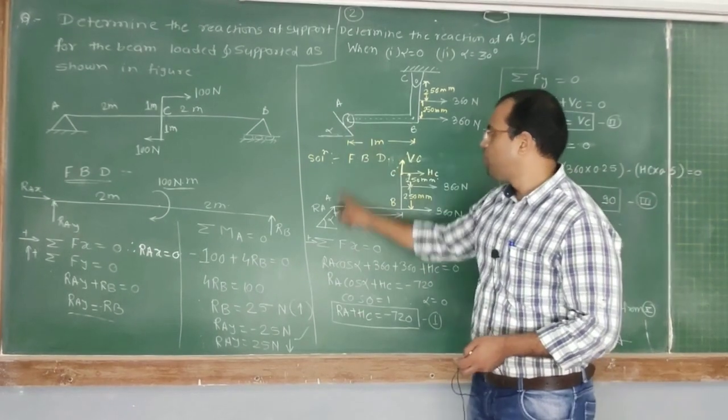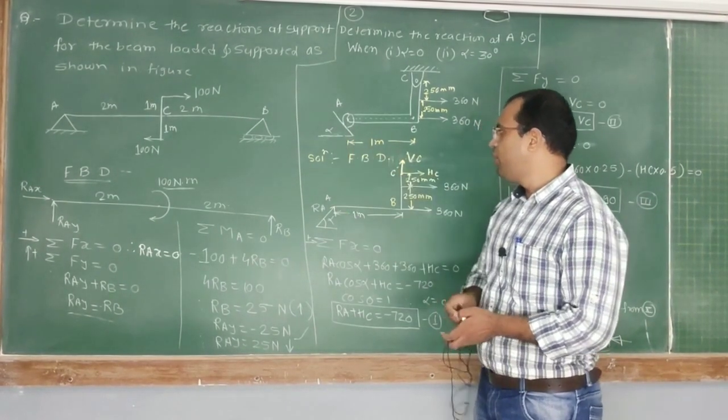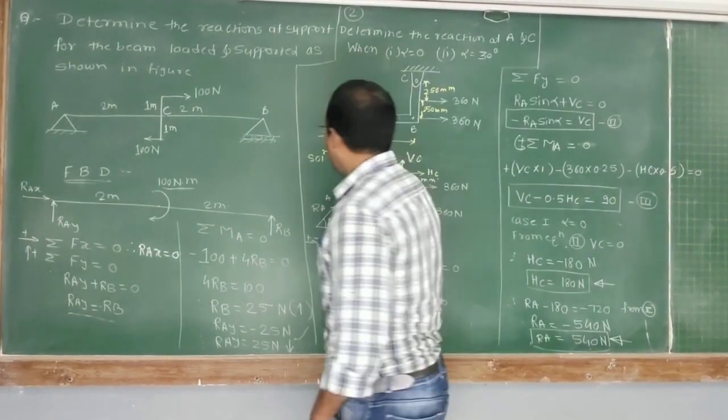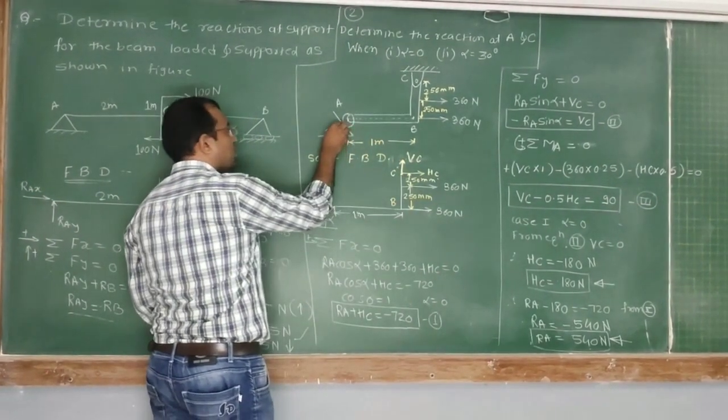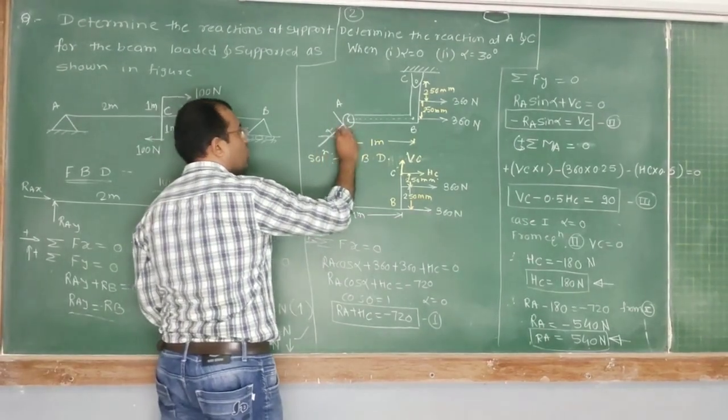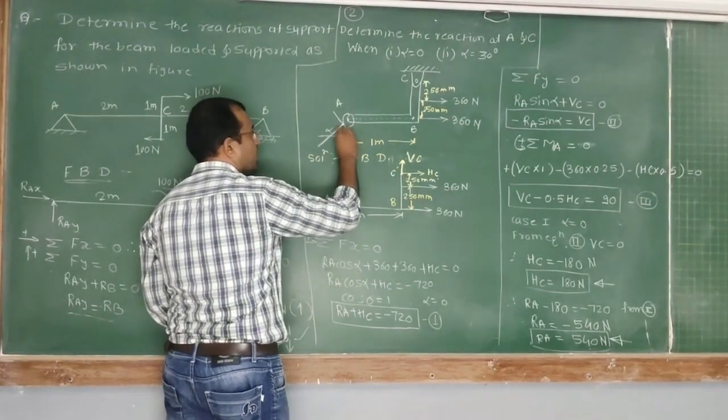So here roller support, so I have replaced it by the only one reaction which is perpendicular to the point of contact. So reaction offered by the support is always perpendicular to the point of contact.